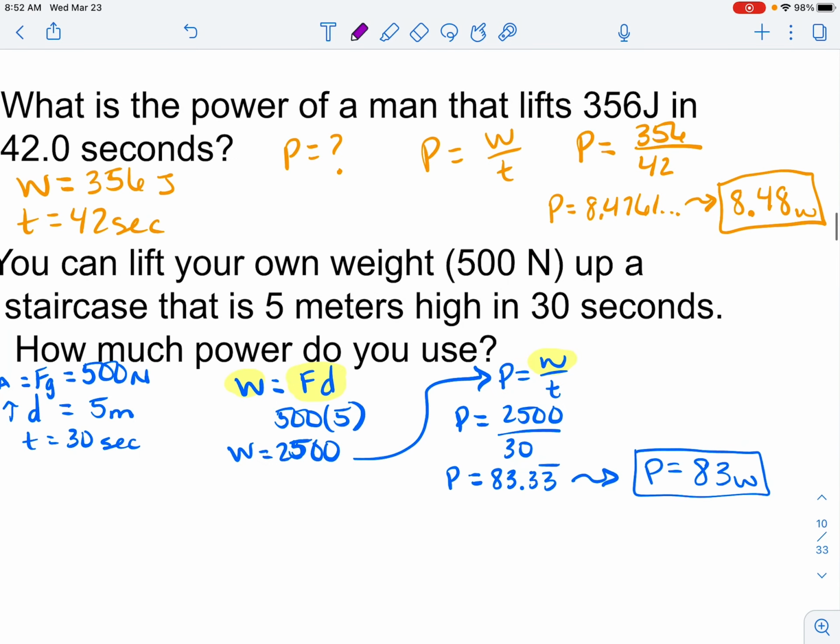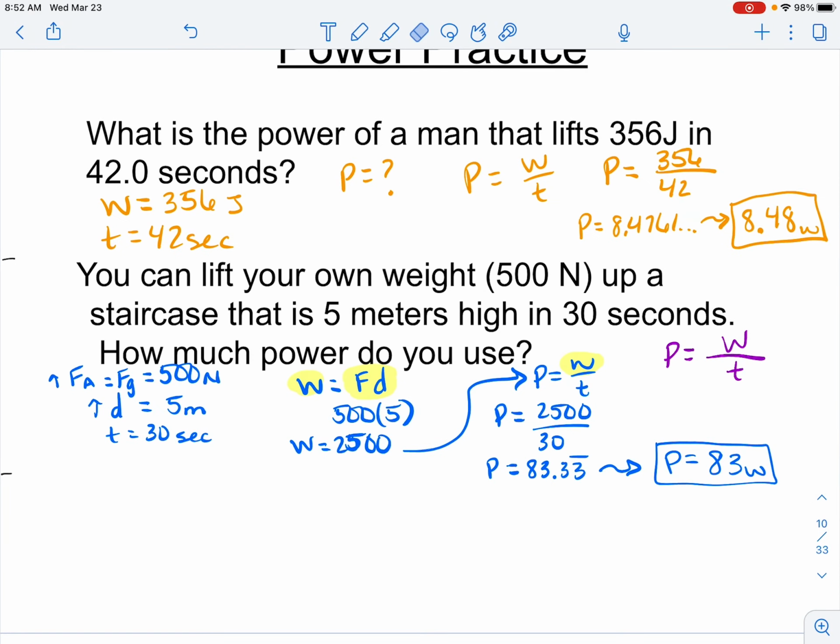So I could absolutely recognize that power is going to be work divided by time. And since I don't know my work, I could just simply come here and replace work with force times distance, because that's what it is equivalent to. Now, you won't have this on the formula list. However, this would be 100% acceptable and appropriate for writing our equation for a question like this.